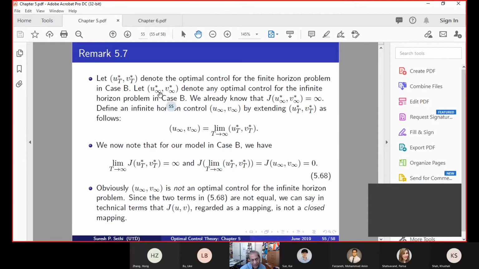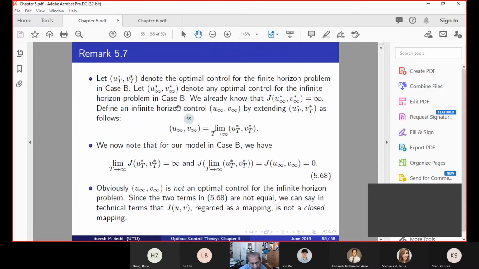And let u_infinity star, v_infinity star denote any optimal control for the infinite problem in case B. We already know that J of u_infinity star, v_infinity star is infinity because we can make that company grow to infinity without any doubt. We can simply not have external equity, just grow the company at rate g all the way to infinity. There are many ways to do that, so we can find such a solution.